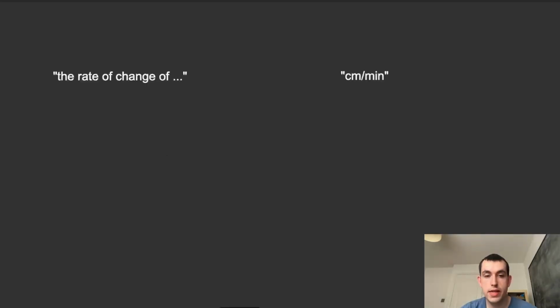There's two main things I'd be looking out for in a question where you have to create the differential equation yourself. Those are the rate of change of something and the units given in the question. So it could be centimeters per minute, could be something per hour, any units given in the question. That's something to look out for.